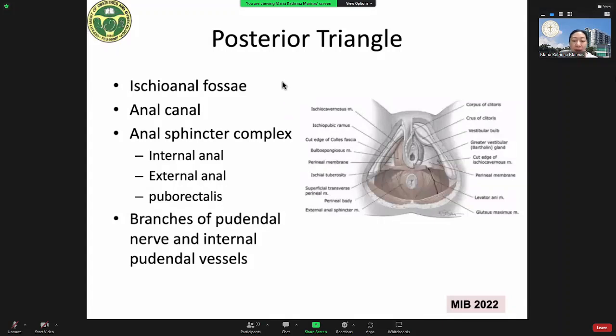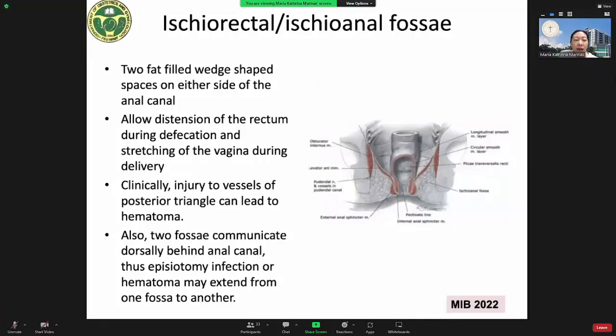The posterior triangle contains the ischioanal fossa, the anal canal, and the anal sphincter complex, and also the branches of the pudendal nerve and internal pudendal vessels. The ischiorectal or ischioanal fossae are fat-filled wedge-shaped spaces on either side of the anal canal.